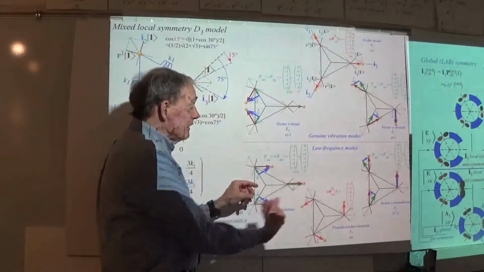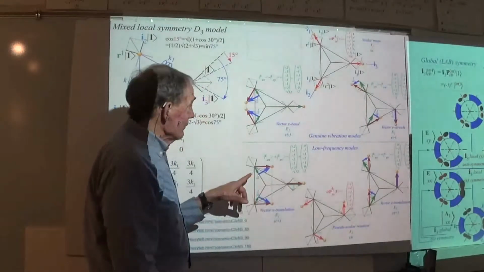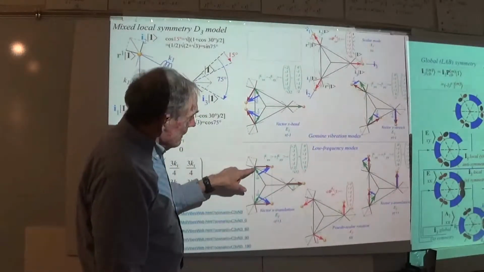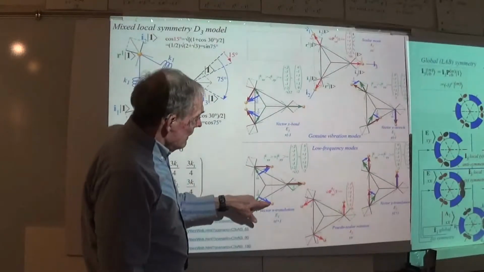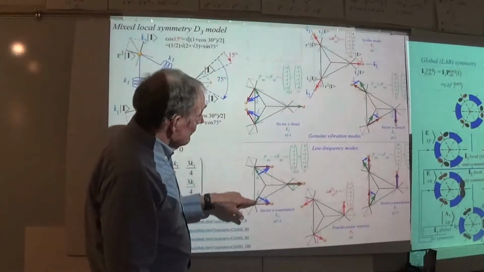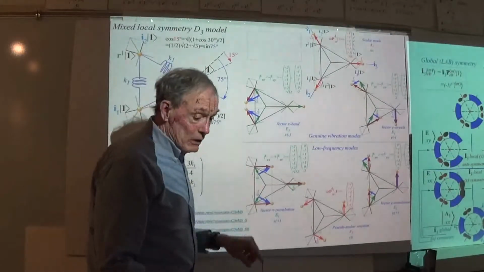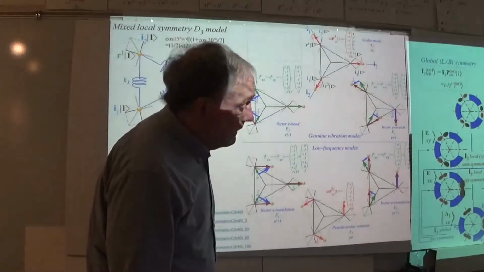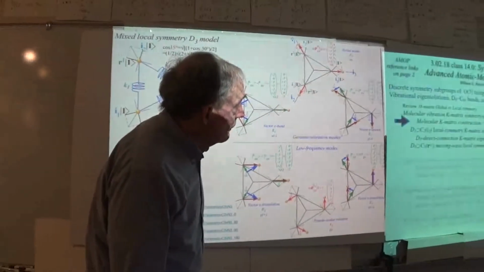Remember, the second index is the local guide. When I add those two, what I get is what you see right here, the sum of the modes that we had before. I might as well put them on the other slide just so we can make a reference to these.